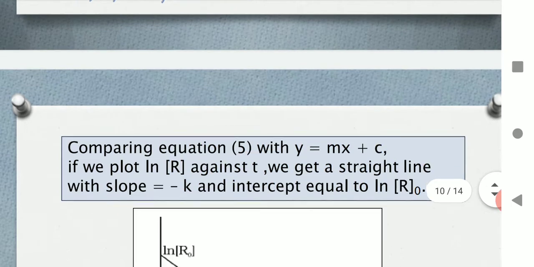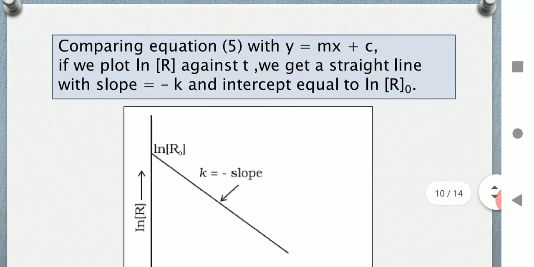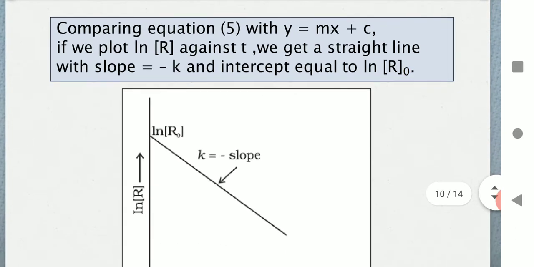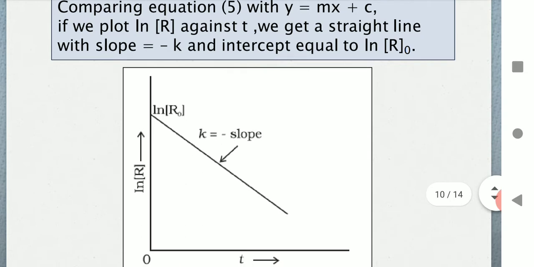Now let us compare this equation 5 with the straight line equation y is equal to mx plus c. So if we are plotting a graph of ln R against time t, then as per its comparison with straight line equation, we are expecting to obtain a straight line, and we do get a straight line with a negative slope.